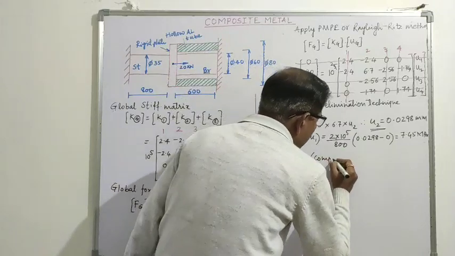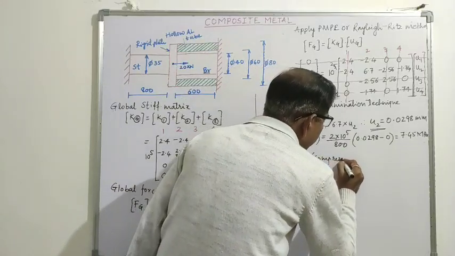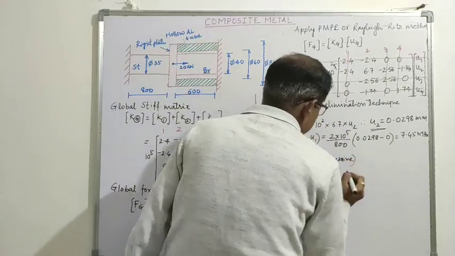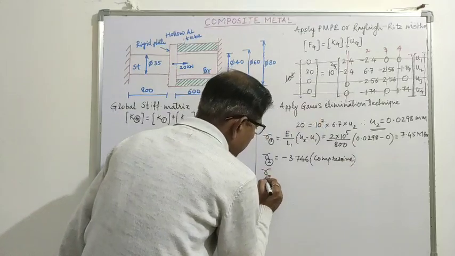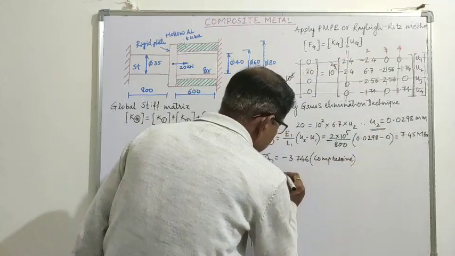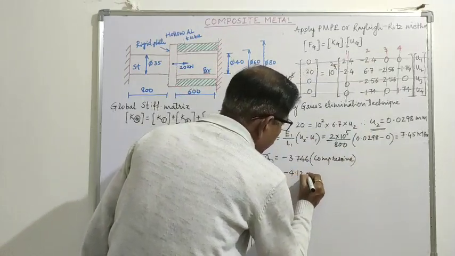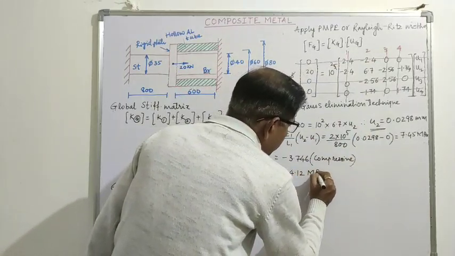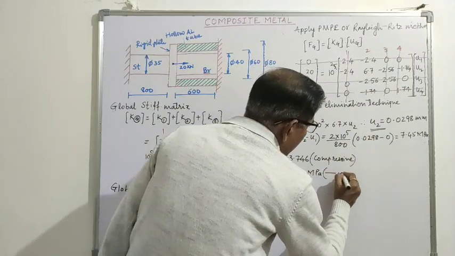So that is why the value of the stress comes out to be negative. And sigma 3 comes out to be minus 4.12 megapascal, that is also compressive.